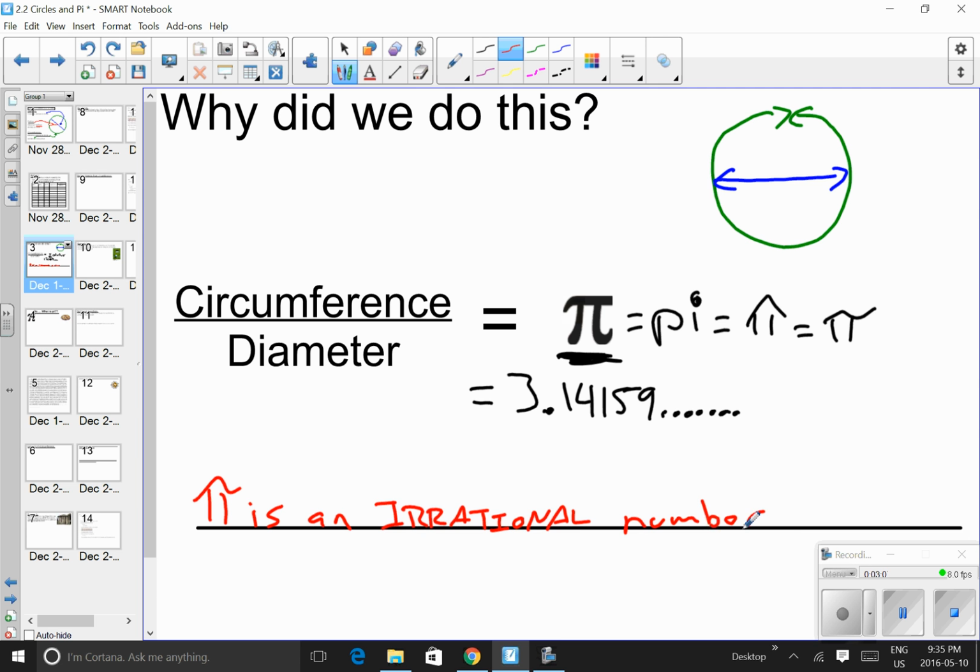What that means is you cannot write it as a fraction. It goes on forever as a decimal. It is a never-ending decimal. And that's what an irrational number means.